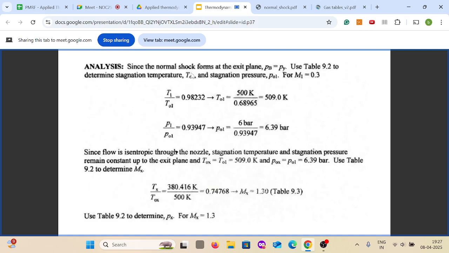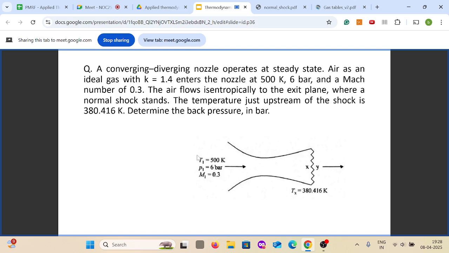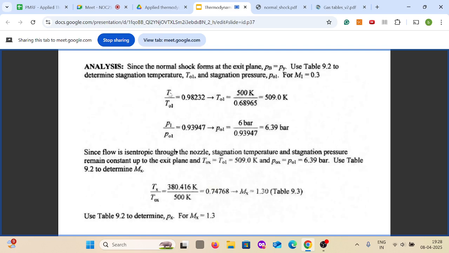Since a normal shock is forming at the exit plane, first we need to find out the stagnation temperature and stagnation pressure for a Mach number of 0.3. So T1 by T0 is 0.98232.